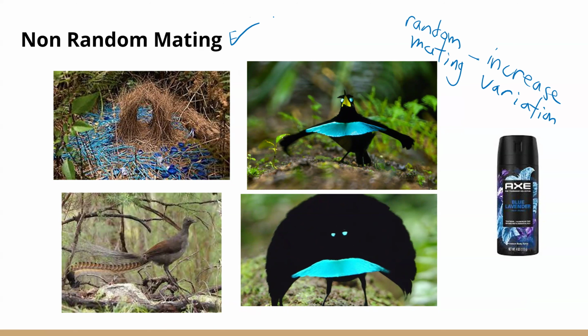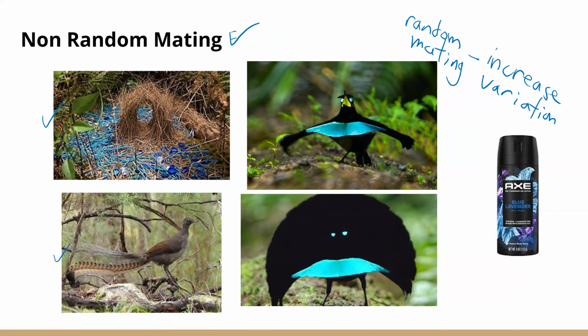We talked about the lyrebird down here who has the crazy, he's a mimic, and he makes all the crazy bird calls. And the better his calls, the more likely he is to get a mate. The bowerbird builds these elaborate nests, and only the males that have the best nests get to mate.